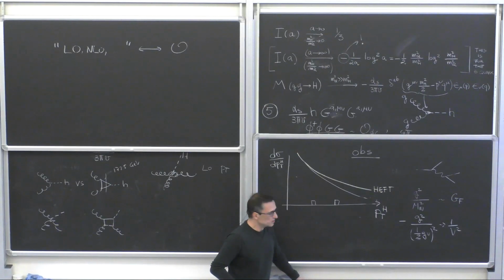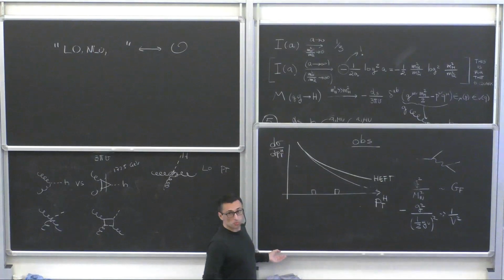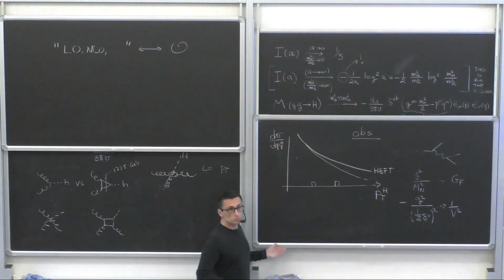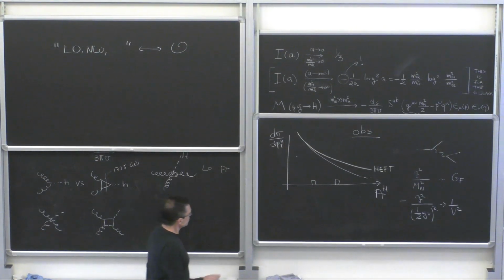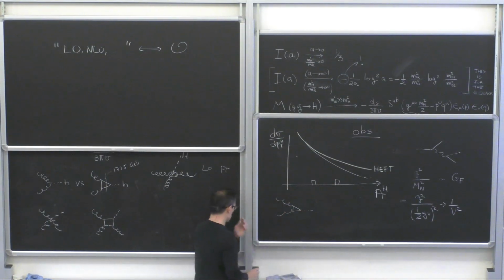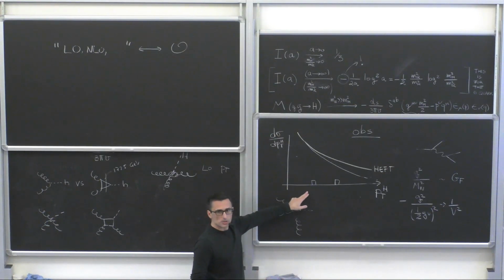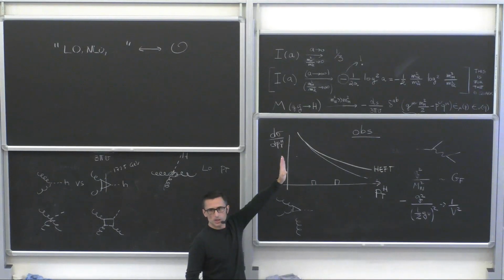Well, you can try to build an argument. So what could be the argument? One argument could be the following. Imagine that you have a Higgs, and then there is a gluon here, which then recoils again in the Higgs, and the Higgs gets kicked to high energy.